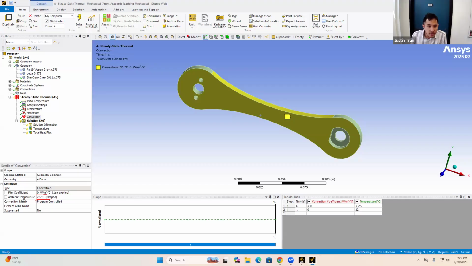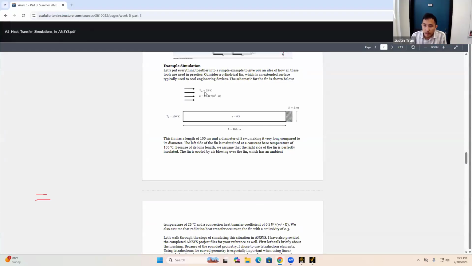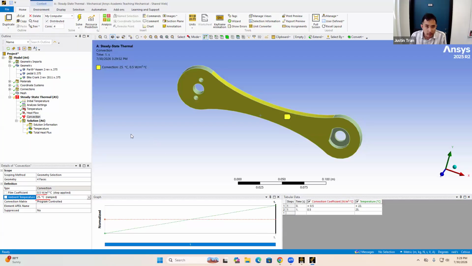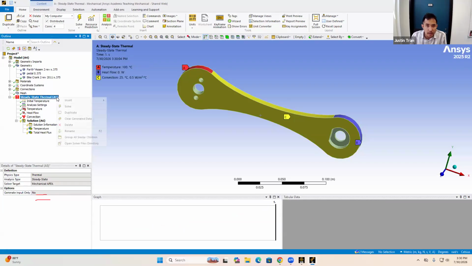Okay, all right, so now that we've set our units to meters, we can now set our convection coefficient to 0.5. And our ambient temperature is just the temperature of the air around the part. So for that, we're going to specify 25 degrees C to match with our efficiency. Okay, so now we've added convection. So now heat can leave the bike crank via airflow around it, right? So that helps us out a lot.